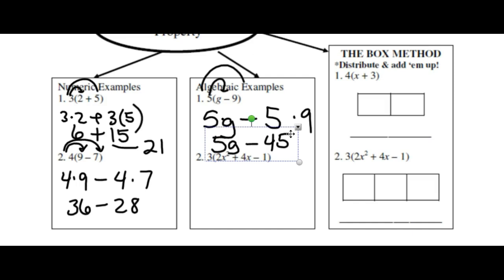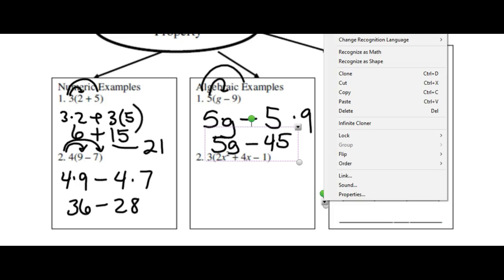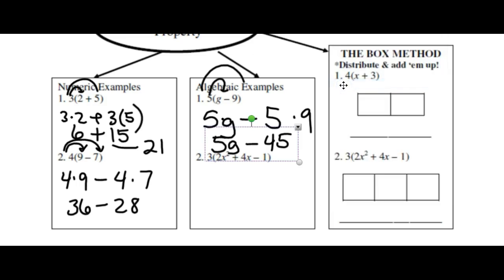For number 2, a little bit more complicated because now we have more than 2 things in our parentheses. We can distribute. I'm going to do it in a different color since it's so close together. 3 times 2x squared, and then 3 times 4x, and minus 3 times 1.